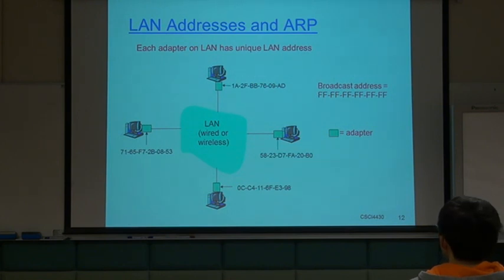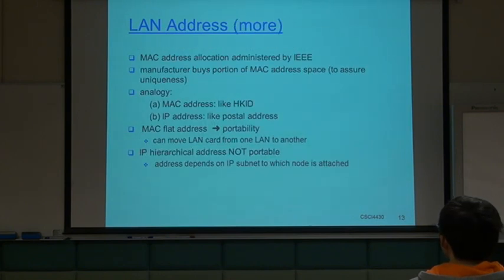This address is assigned by the IEEE community. It's a centralized organization that assigns the MAC address to each interface card. Every network card will have a unique MAC address.